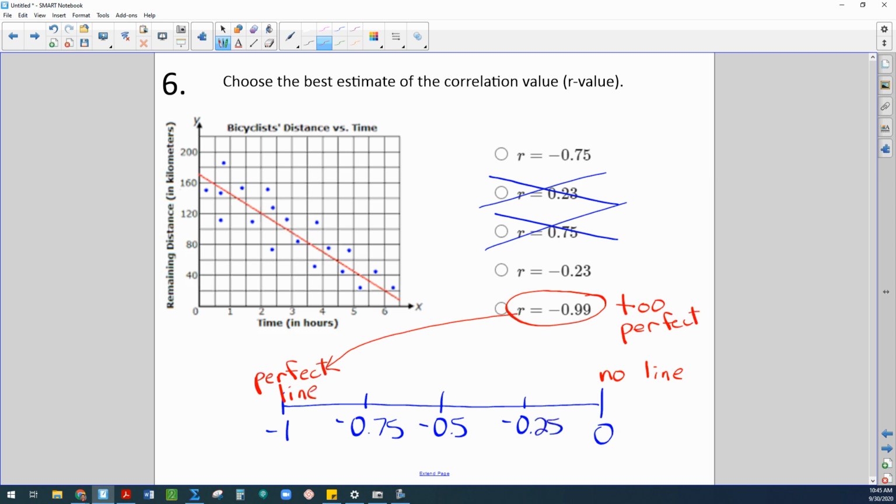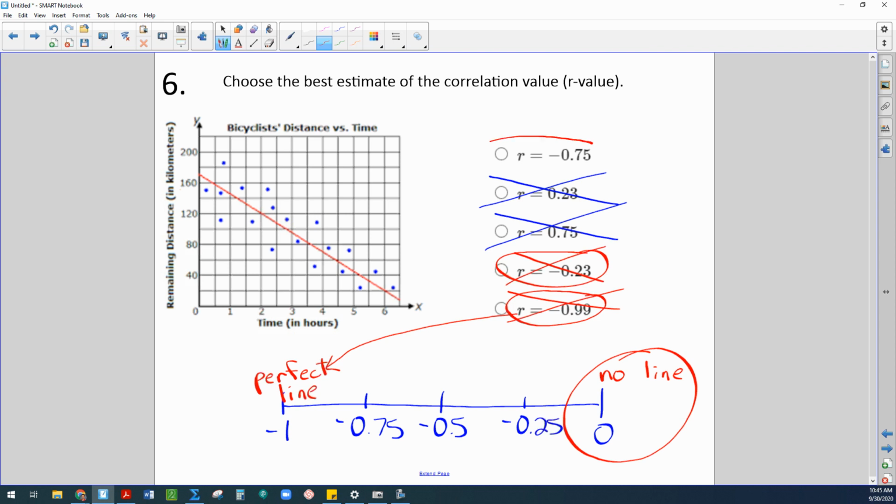Or another way to say that is that the points are not close enough to be considered a straight line. Negative 0.23 is pretty close to no line. It's a pretty small correlation. That's not good. So the best guess is a stronger negative number like negative 0.75, but not too strong.